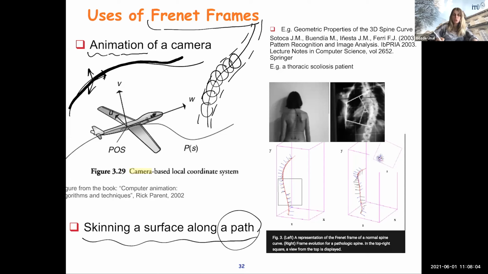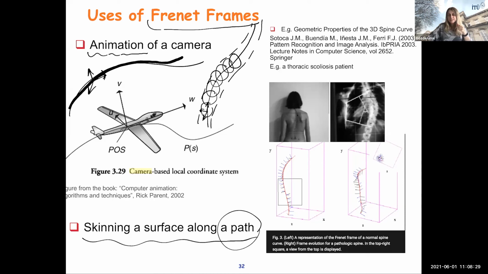This is called skinning a surface. So from a 3D trajectory, a curve, I'm creating a surface. To do that, I also need to define my Frenet frame, this 3D orthogonal axis, T, N, and B.